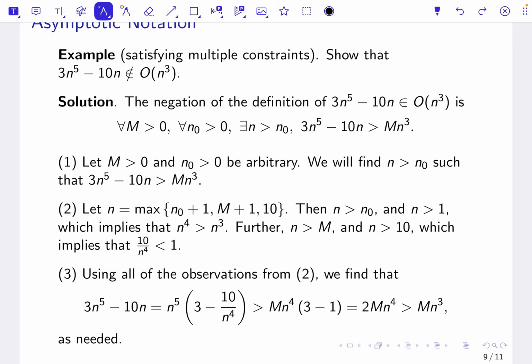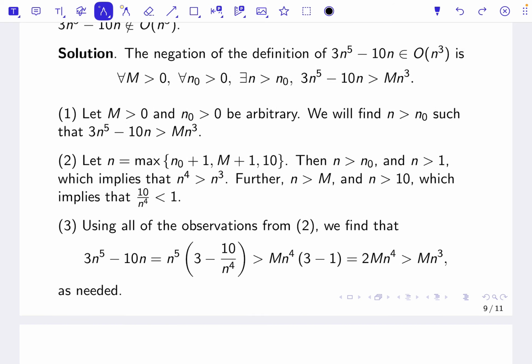And then, correspondingly, algebraically, it means that if you attempted to start rough work for a big O proof, started with 3n to the 5 minus 10n is less than or equal to mn cubed, if you started with the inequality used for big O proofs, and then you attempted to find a specific value of m and constraints on n, it'll just never work.